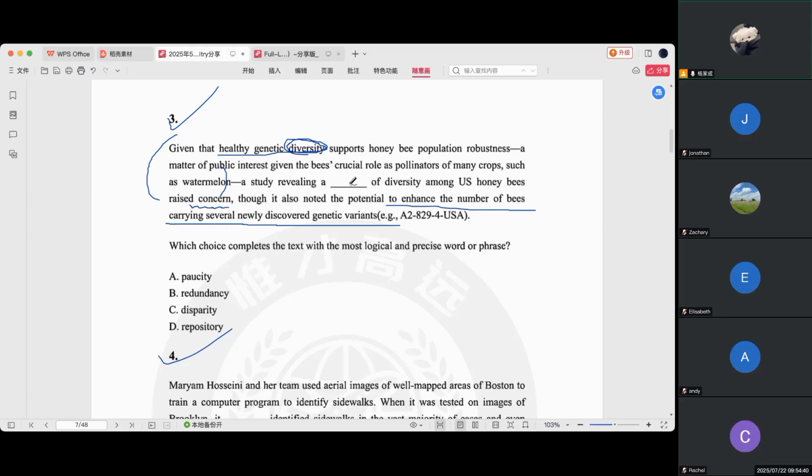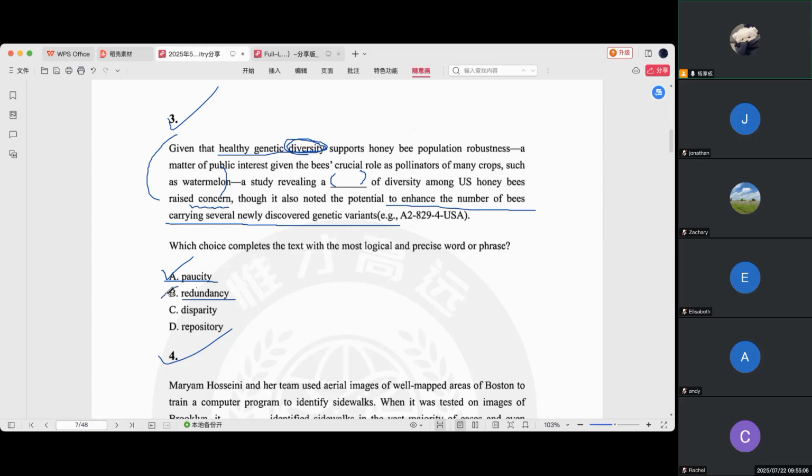So that's why here it should be a lack of diversity, or there's not really a lot of numbers or a lot of kinds of honeybees. And paucity is the same thing as a lack of diversity. So that's why A will be the right answer. Redundancy is too much, but here it's definitely not too much. If there's a lot of diversity, that's good.